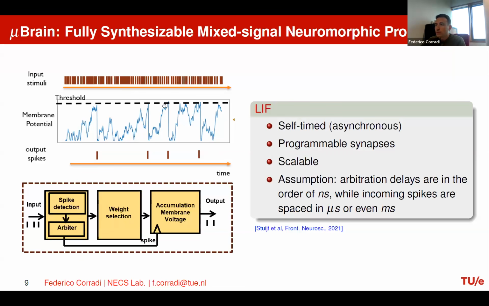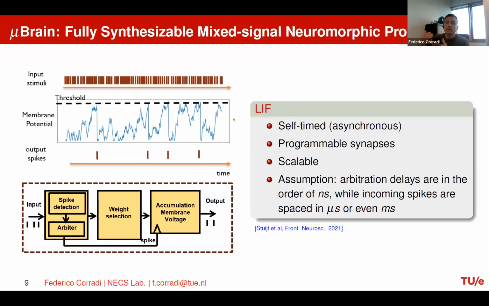So what we can do with this type of neuron is, of course, program the weights. Those are in digital logic. It is scalable now because we don't have to propagate any clock, but each neuron only receives spikes and emits spikes. And when it receives spikes, they get spaced in time so that the neuron has enough time to perform its operation. Of course, there is one big assumption here: that the arbitration delays are in the order of nanoseconds, which is what we will achieve, while incoming spikes are in the order of microseconds or even milliseconds, right?